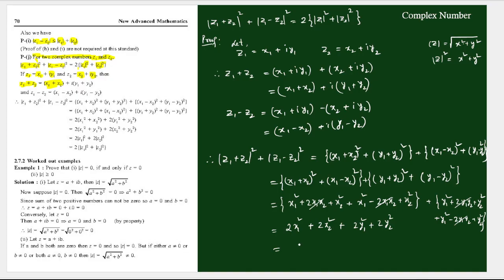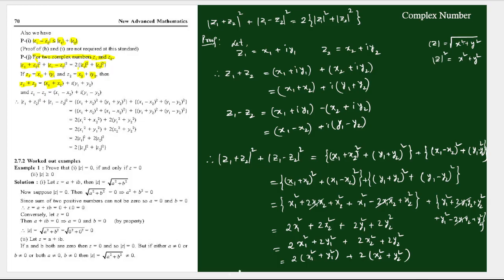Now write the x and y1 ones together: 2x1 square plus 2y1 square, 2x2 square plus 2y2 square. So 2 common, x1 square plus y1 square, 2 common, x2 square plus y2 square.